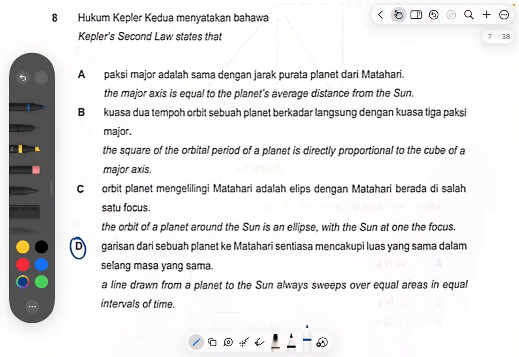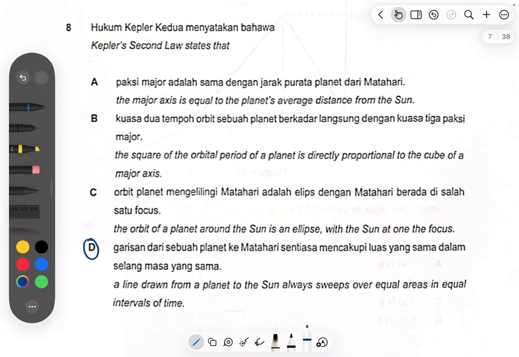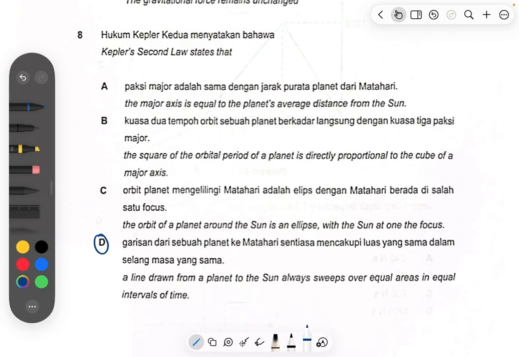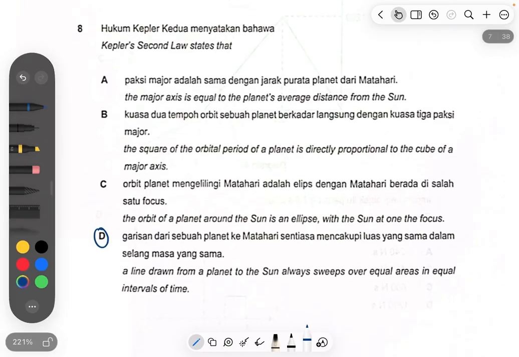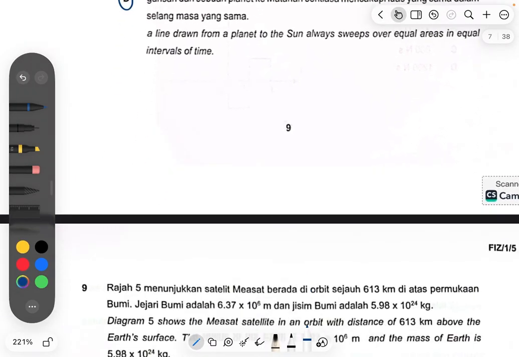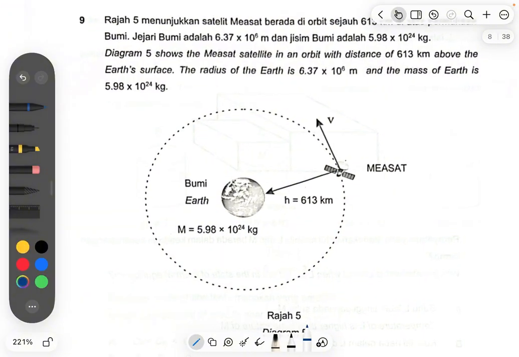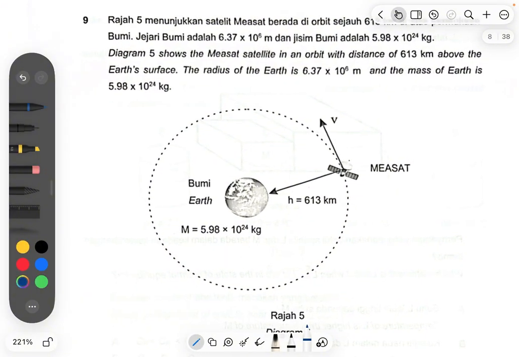It's none of Kepler's laws. The square of the orbital period is directly proportional to the cube of the major axis. That's Kepler's third law, so none of these. The orbit of a planet around the sun is an ellipse with the sun at one focus. I remember something about one focus being the first law or something, but I don't know if that definition is accurate.